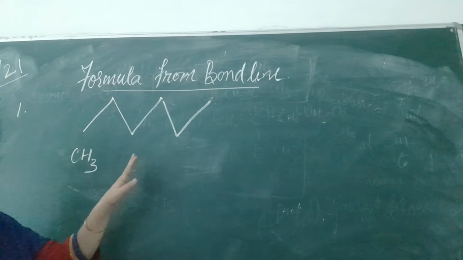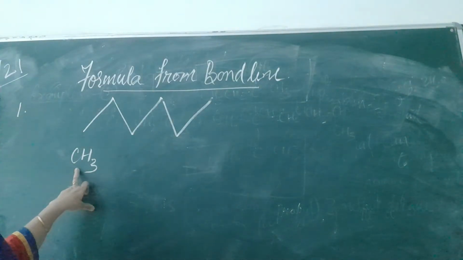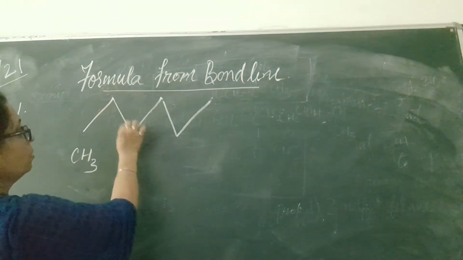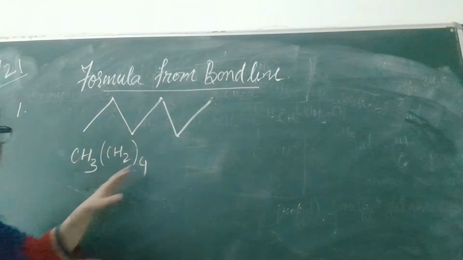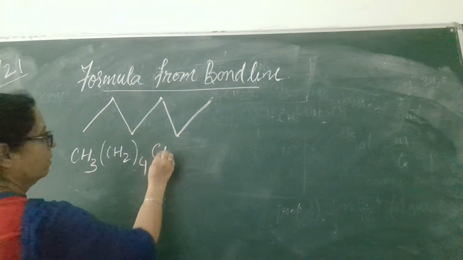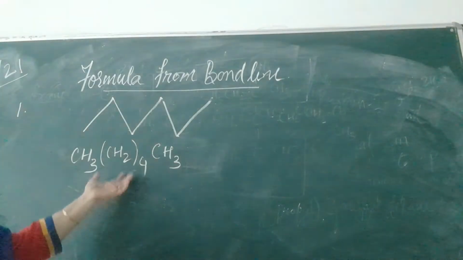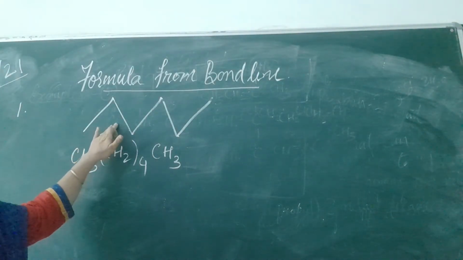That means it is a 6 carbon chain. So the first carbon will always be CH3, then 4 CH2 will be there, and at the last again you will have CH3. So this is the condensed formula of the given bond line structure.